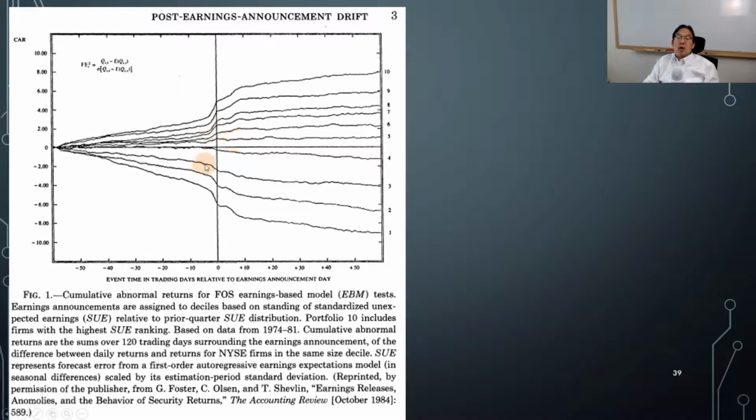But there will be some group of companies whose actual EPS announcement is way above the market consensus expectation. Those will be over here, and some other companies will be at the bottom over there in terms of the earnings surprise, compared to the consensus EPS amount. So you can think about the spectrum of earnings surprise for the companies.